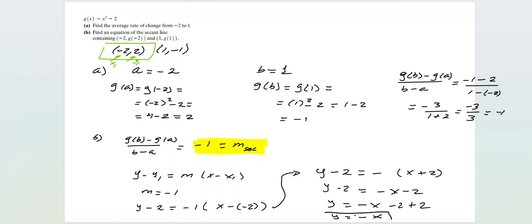So here we got the equation of the secant line. The equation of the secant line to the function g of x equal to x squared minus 2 at the points negative 2 comma 2 and 1 comma minus 1 would be y equals minus x. That is the equation of the secant line.